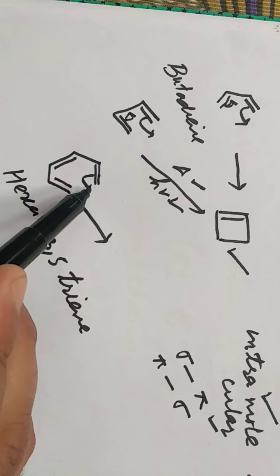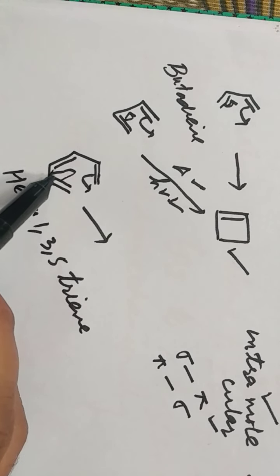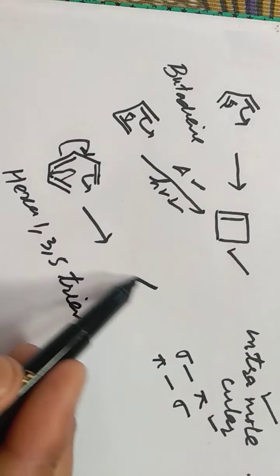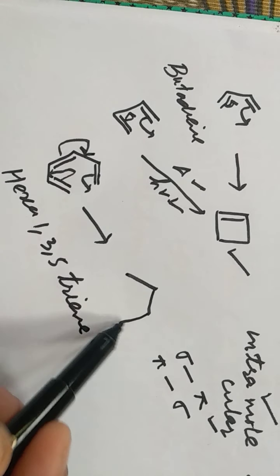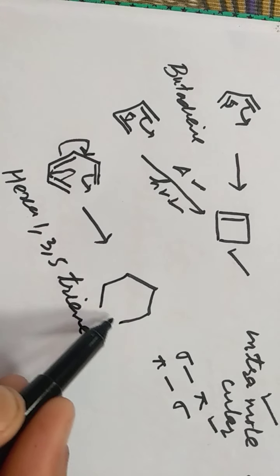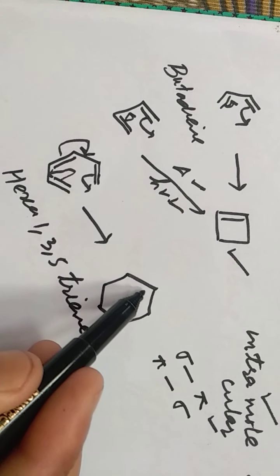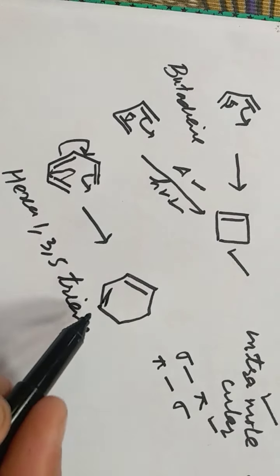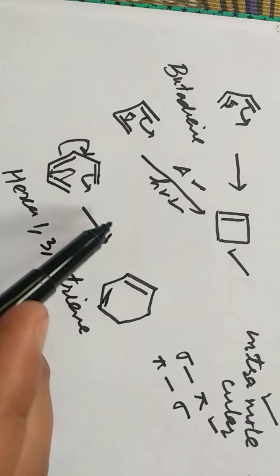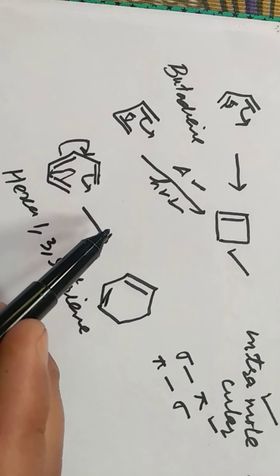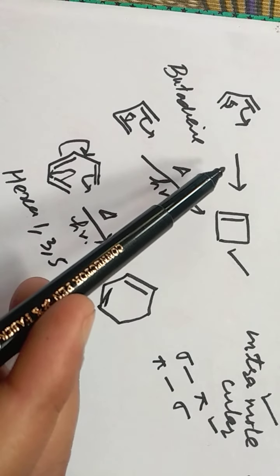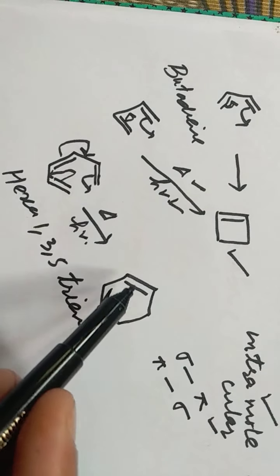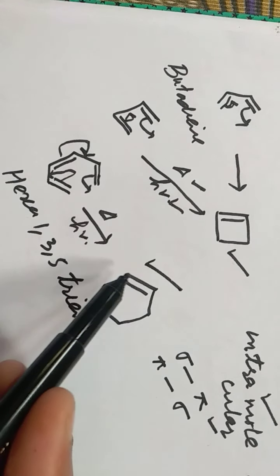This bond shifts to this side, this bond shifts to this side, and this bond shifts to this side, and we get a product like this. In this reaction, ring closing takes place. Same is the case here. Ring closing takes place.